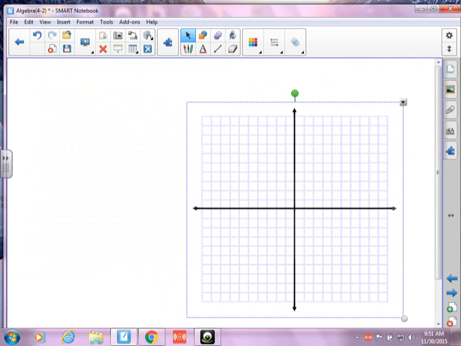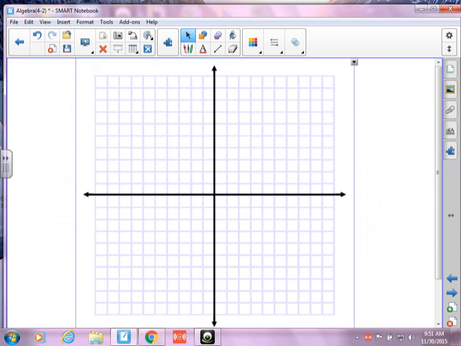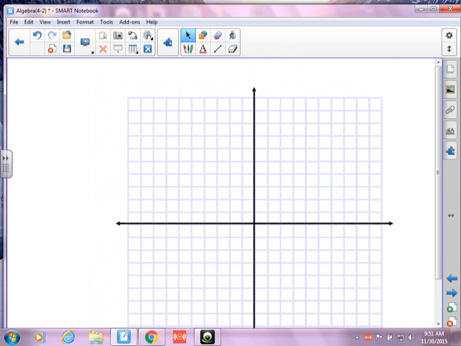Okay. My first ordered pair was what? 0, 0. Okay, and then 1 what? 5. Okay, it's right there. And then 2, no, what was my other one? 5, 10. 10, right? Right up here.